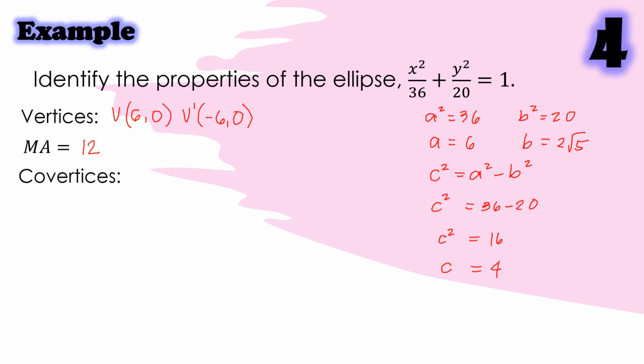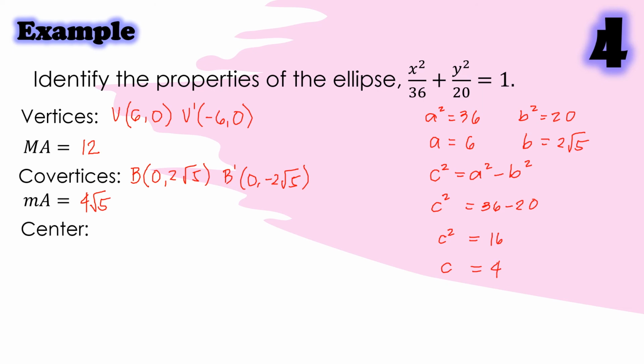Since b is equal to 2 square root of 5, then we have the co-vertices at points B at 0, 2 square root of 5, and B prime at 0, negative 2 square root of 5. Minor axis is 2b, so we have 4 square root of 5.